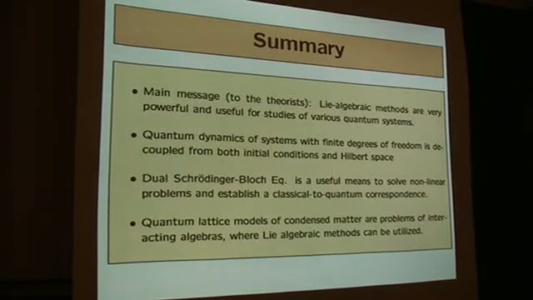And this sort of dual Schrödinger-Bloch equation is a useful means to solve these problems in certain cases and to establish a classical to quantum correspondence, in that the evolution of a wave function is driven by the same generators as appear in the evolution of classical averages. And what I didn't have time to talk about is that quantum lattice models can be considered as problems of interacting algebras where the corresponding methods are useful.